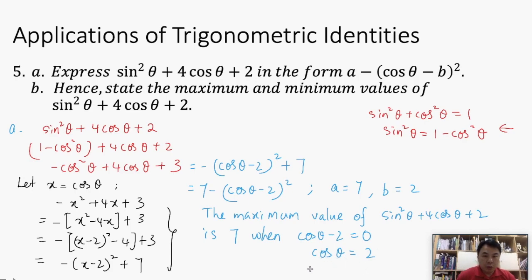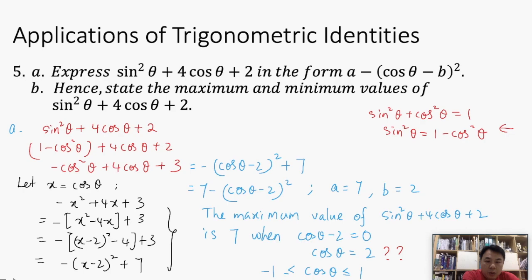Now we do recognize that the maximum value of cosine theta can only be 1. So therefore, in this case, we have a problem here. So we need to check thoroughly what is going on here.